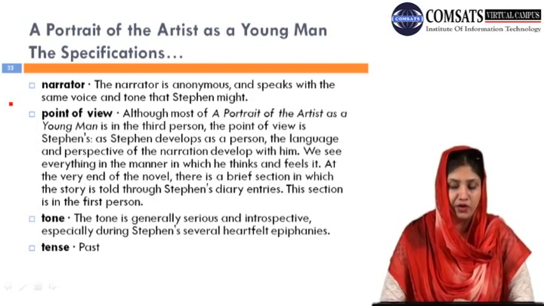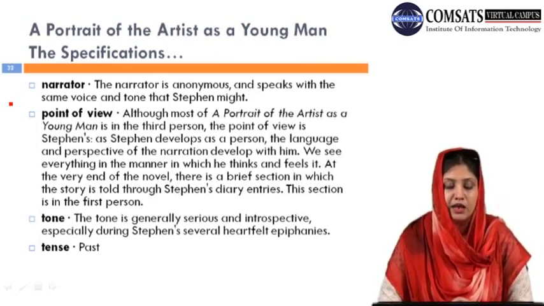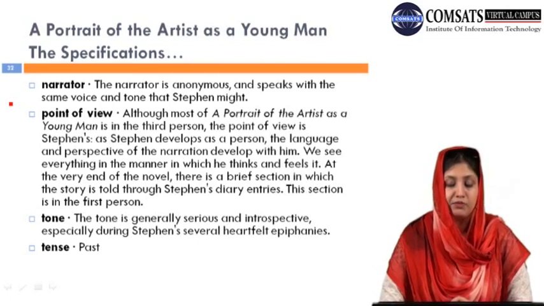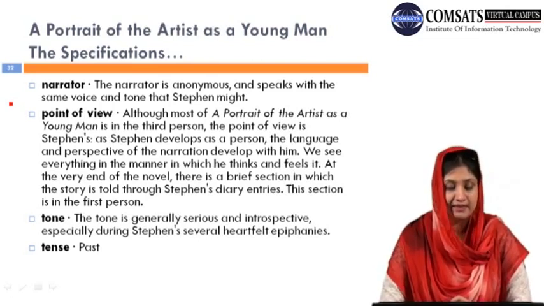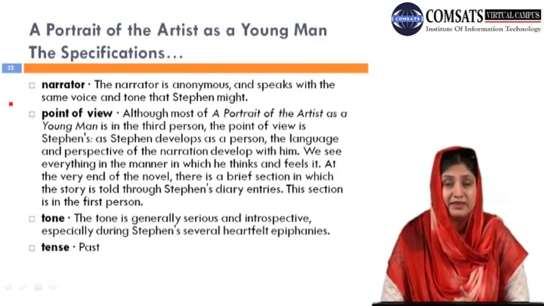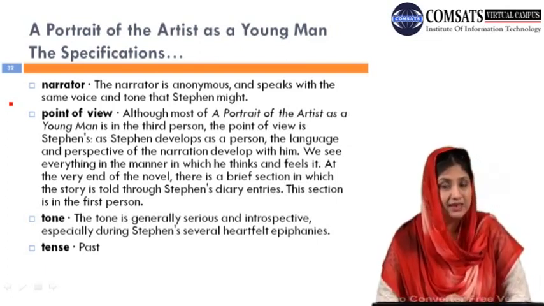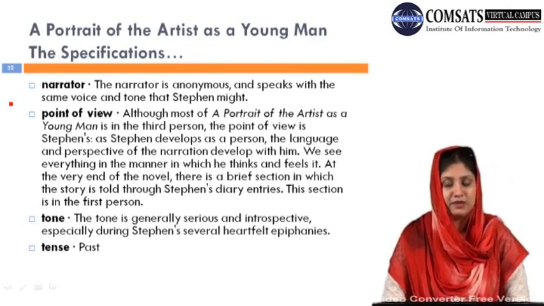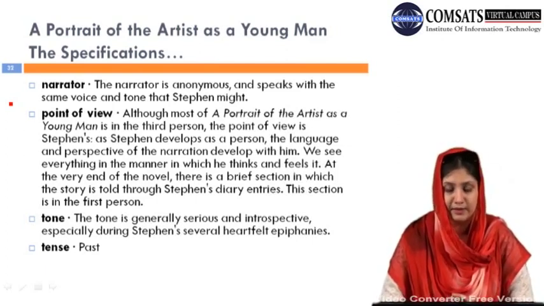Although most of A Portrait is in the third person, the point of view is Stephen's. As Stephen develops as a person, the language and perspective of the narration develop with him. We see everything in the manner in which he thinks and feels. So what we are seeing is Stephen's feelings and perceptions. We are sensing them.